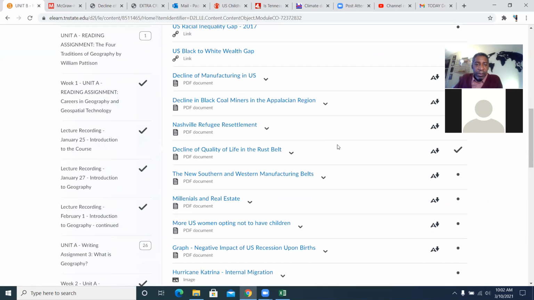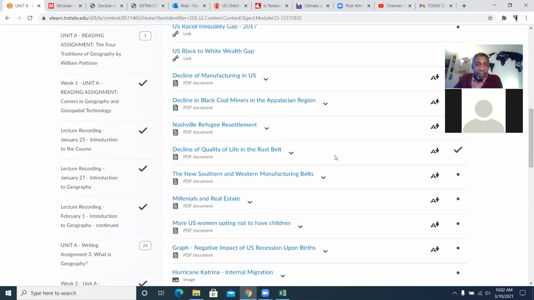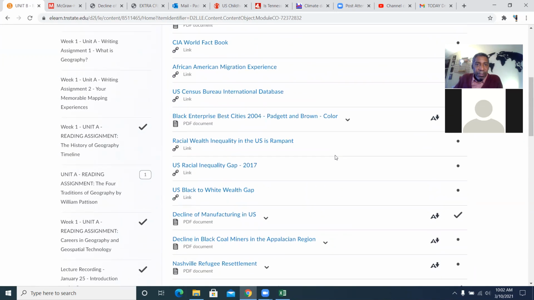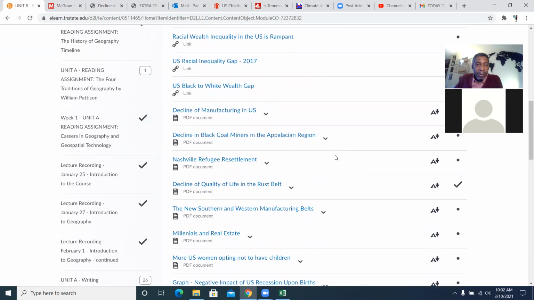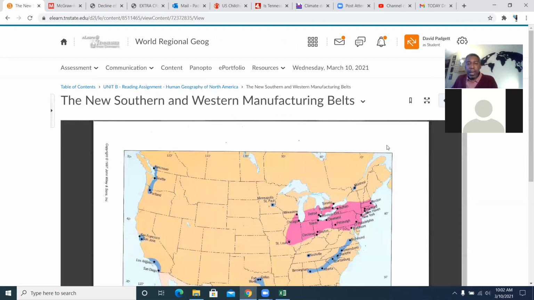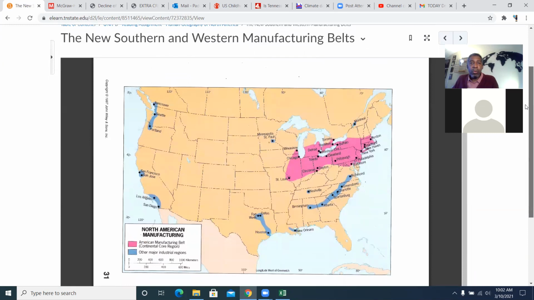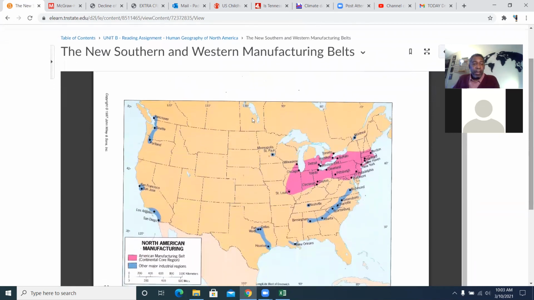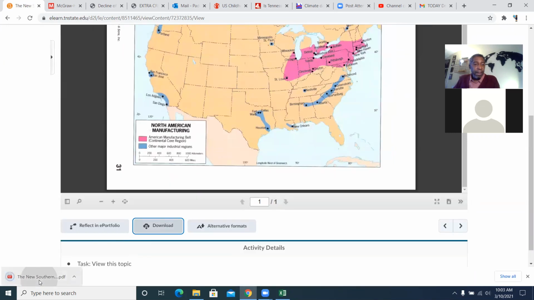And also, there's a very interesting map here. Let's see if I can find it. Oh, here it is. So if you take a look at this map, this is a map of the quote unquote new and old manufacturing belts in North America.